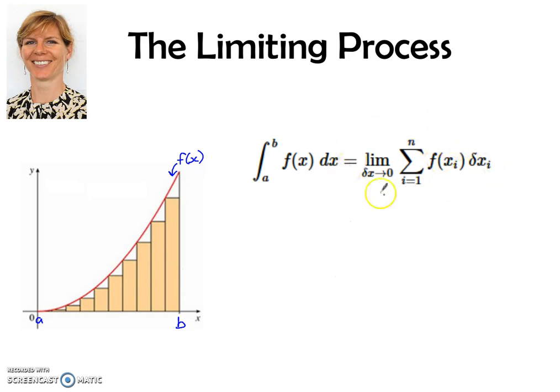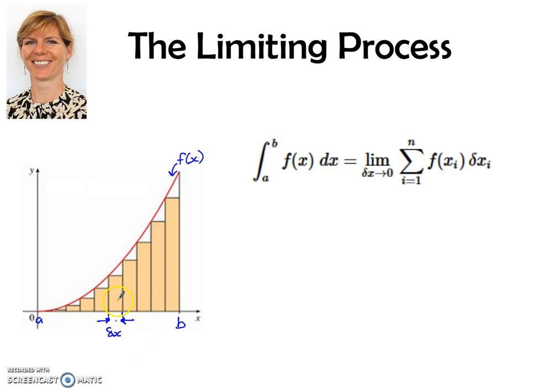Now what this means is that we want to limit delta x, this little symbol delta x, to 0, and delta x is the width of these columns. So that width in there, that's delta x, and we're trying to make that as small as possible.